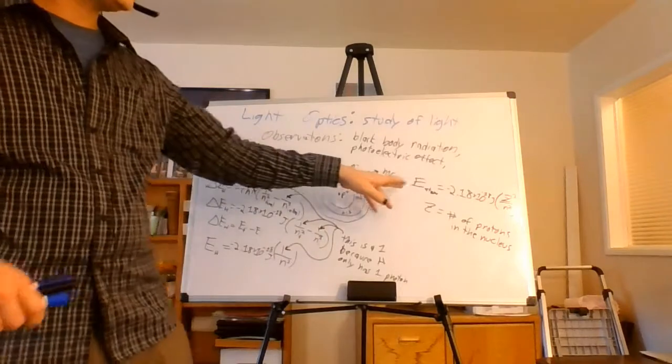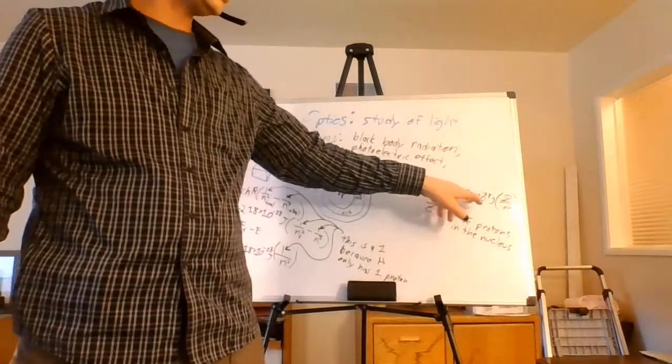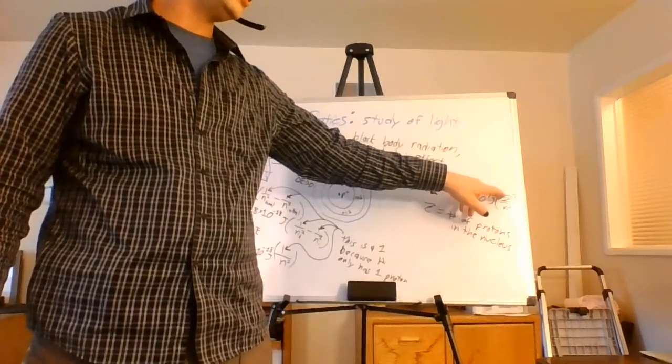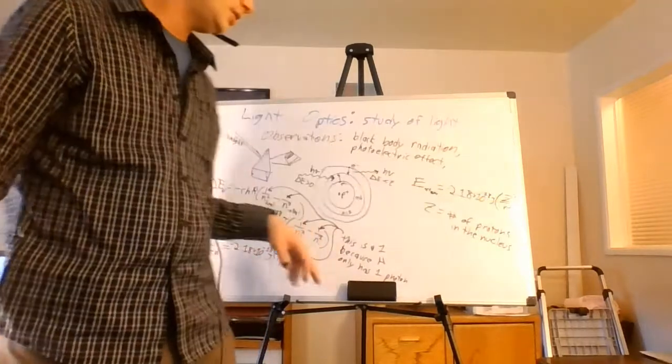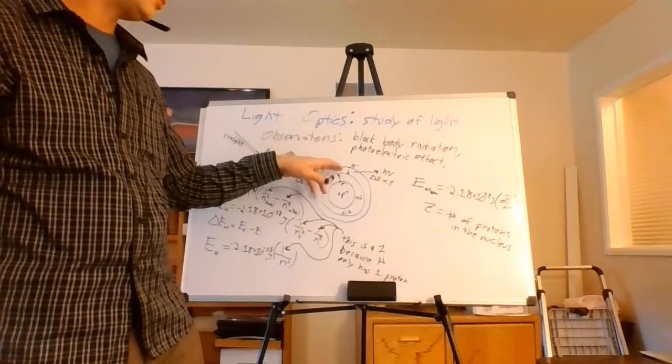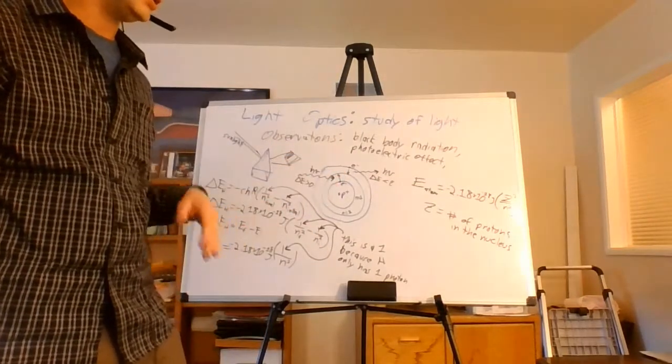So the internal energy of an atom is equal to this constant times the number of protons in the nucleus squared divided by the quantum number of the orbit that the electron is in squared.